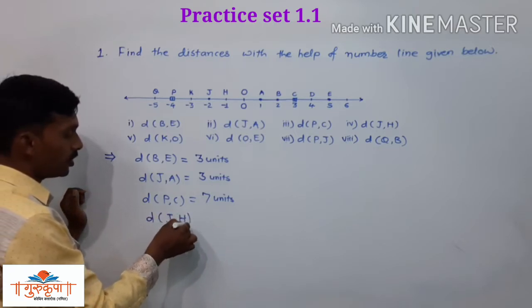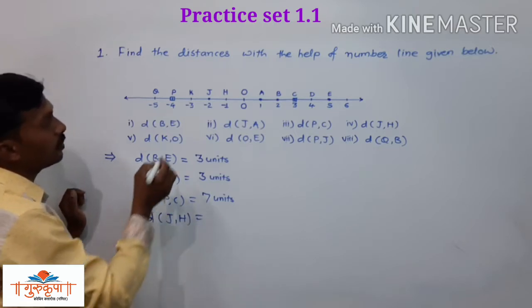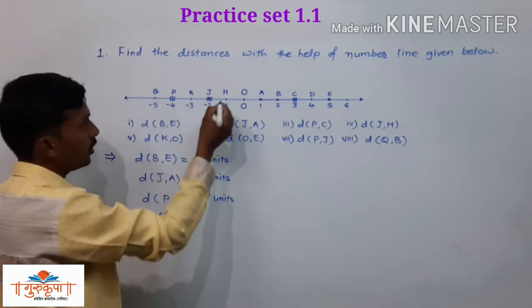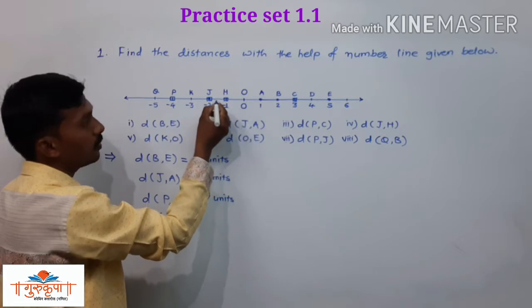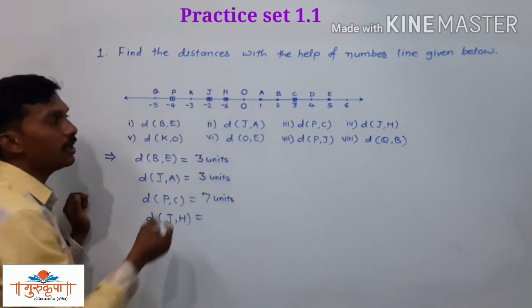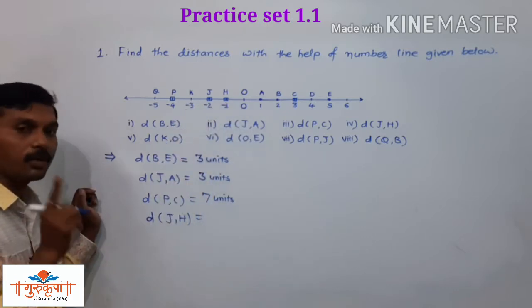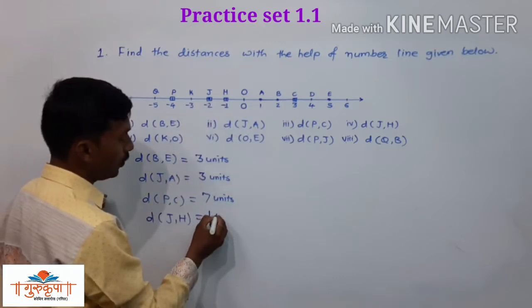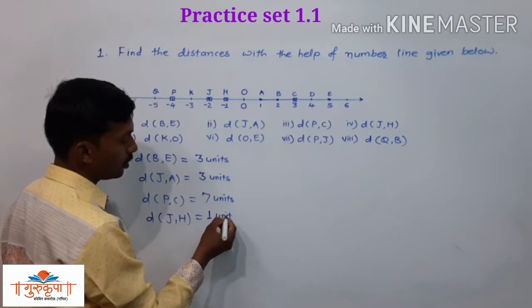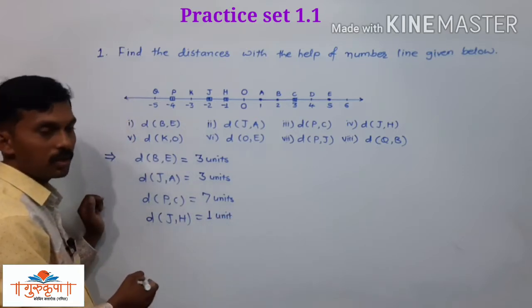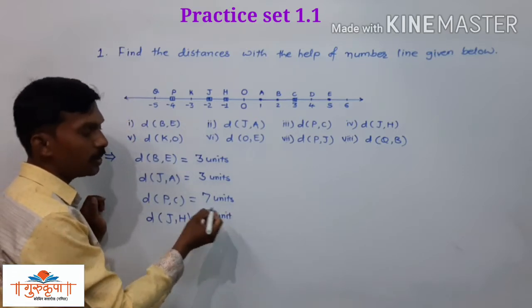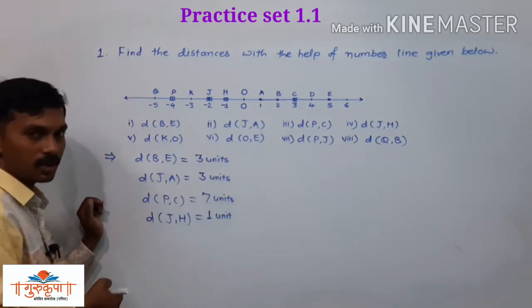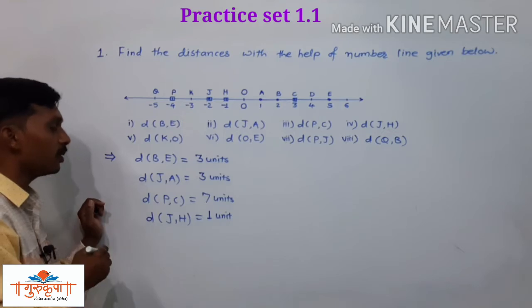Here we have point J and then point H. We have one part between J and H. Distance JH is divided into one part only, so JH is equal to 1 unit, not units. So we write unit only, and if it is more than 1 then we have to write units. That is the grammatical part, and we have to remember that.